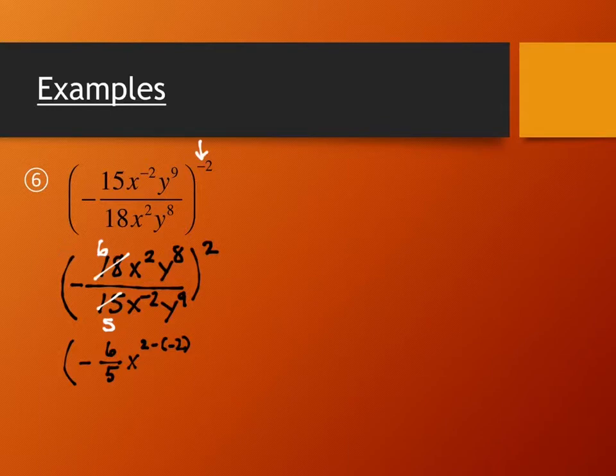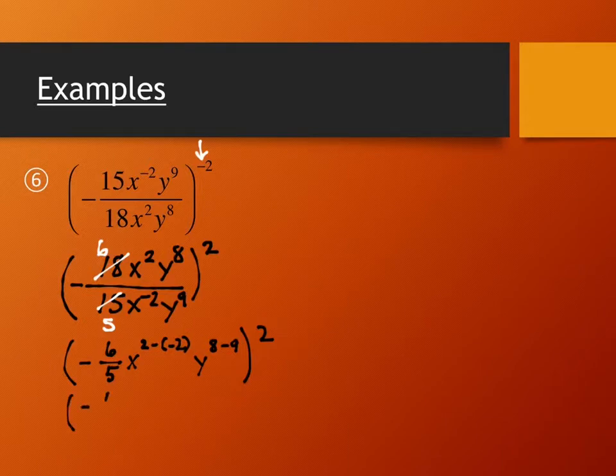You can move the x to the -2 from the denominator up to the numerator and do it that way. It's fine. It's not going to hurt anything. But this is another way to think about it. Subtract the exponents. Do the same thing with the y's. This is y to the 8th minus 9. All of this is raised to the power 2, by the way. Don't lose the 2. We still haven't dealt with it.